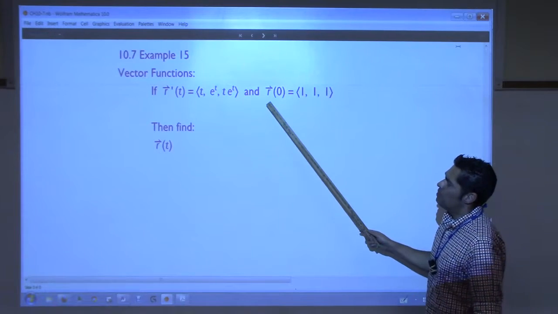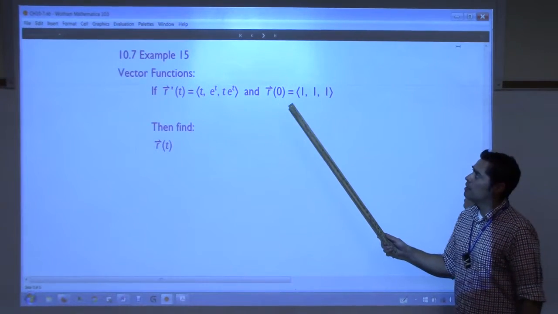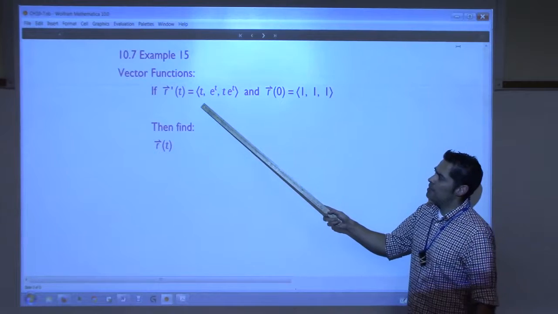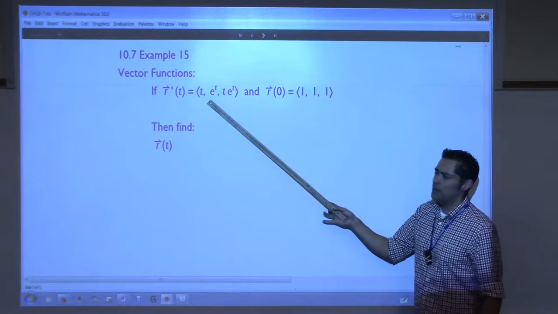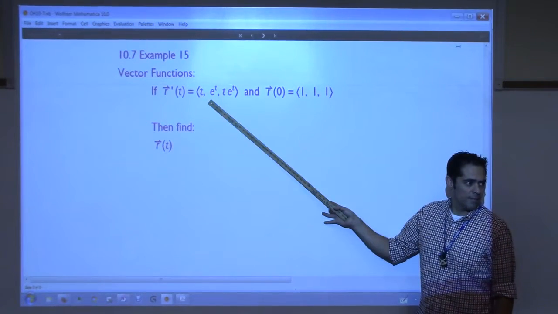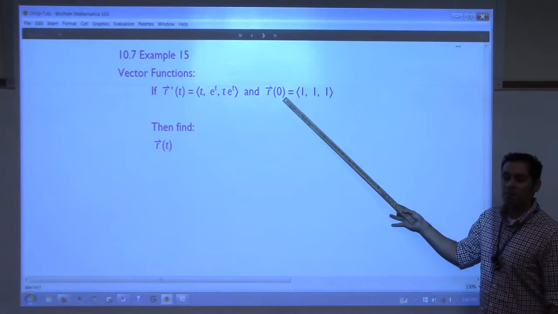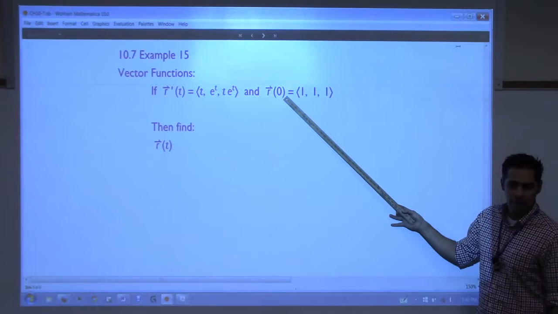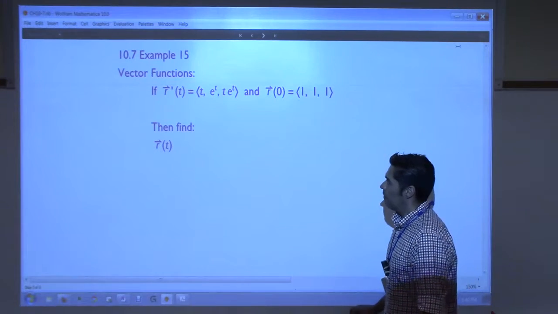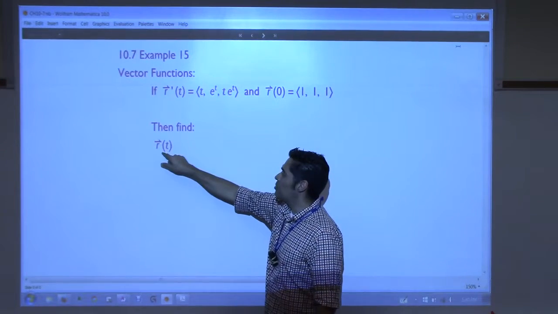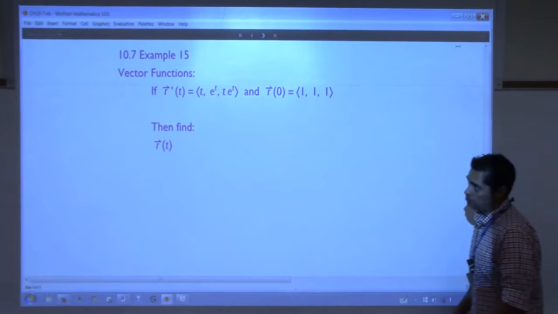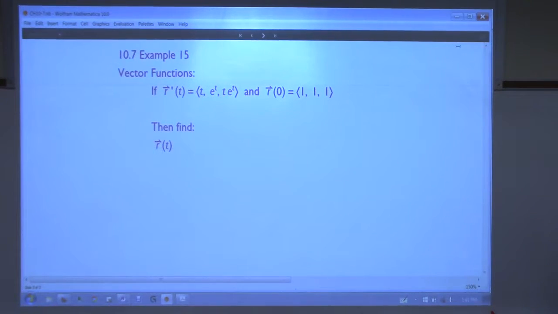And then I'm telling you that r of 0 is 1, 1, 1. So if this is a particle moving around, I'm giving you its velocity function, right? And then I'm telling you something about its position at time equals 0. But then you're asked to find the original position function. So we have to go backwards, don't we?